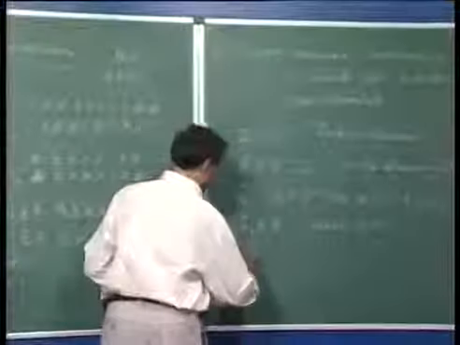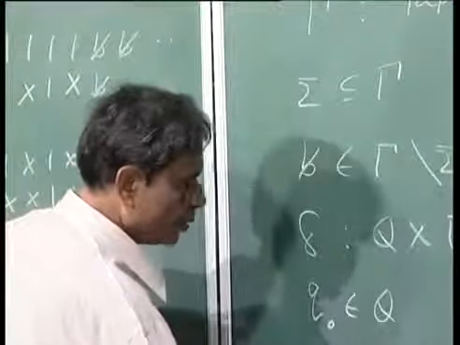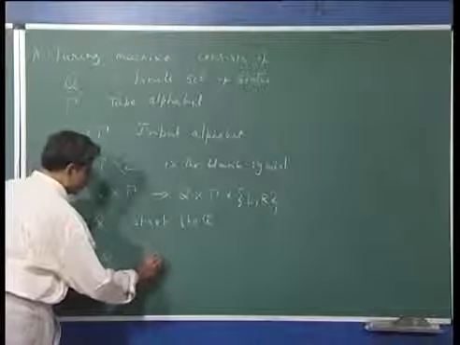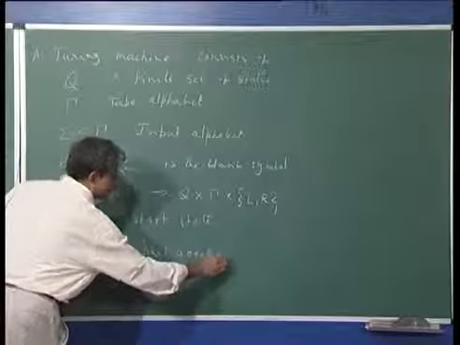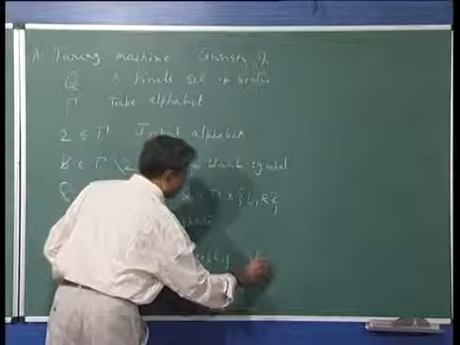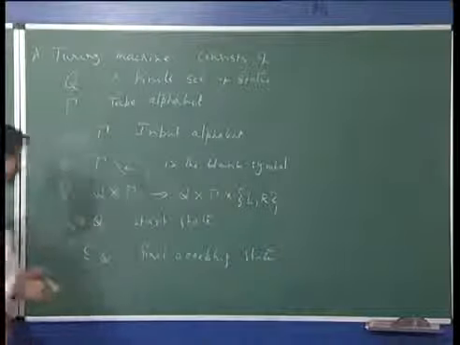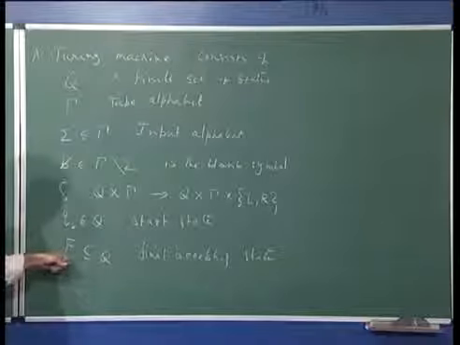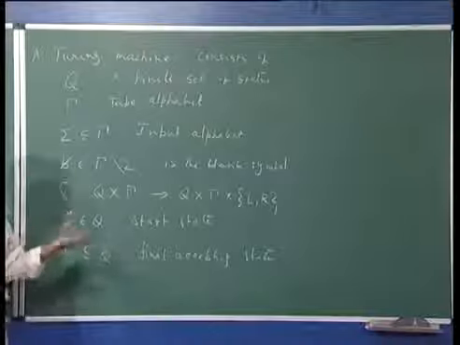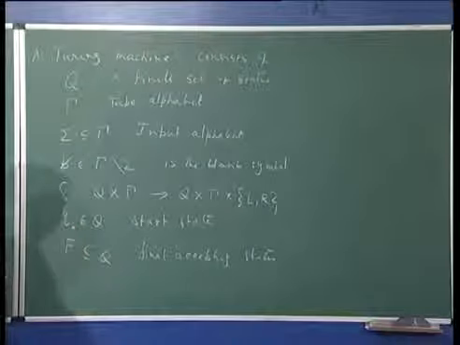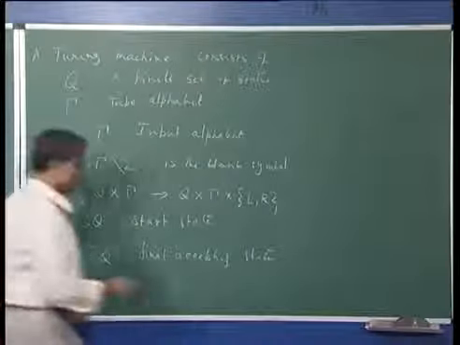So, some F which is a subset of Q, the final accepting states. And if the machine at all reaches one of these states, then the machine halts. That is the convention we have. So, final accepting states are all halting.